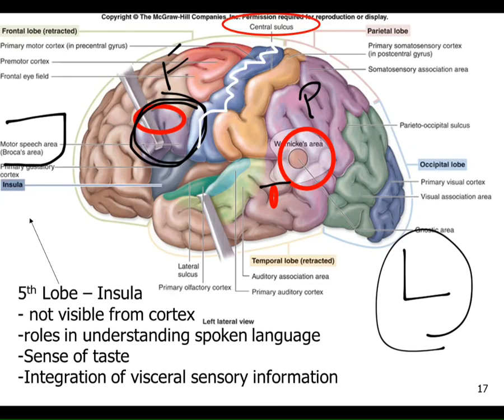It's the most posterior of the frontal lobe. And then I want you to look at this yellow strip. That is also a gyrus. And what separates that blue from that yellow is the central sulcus.